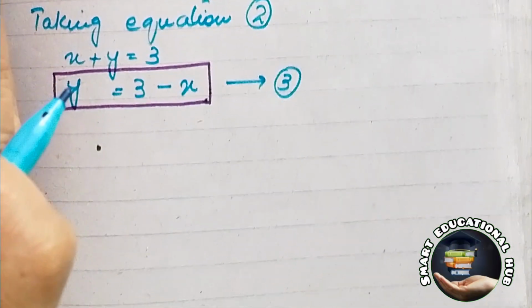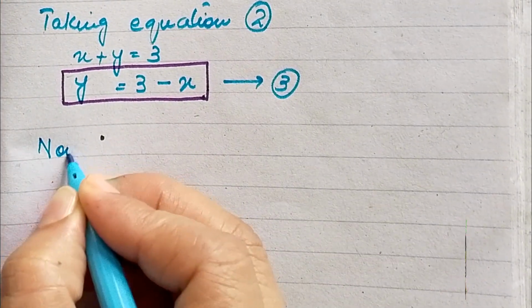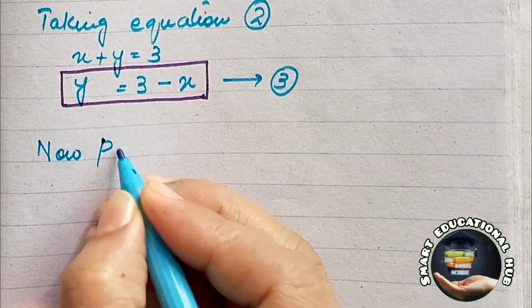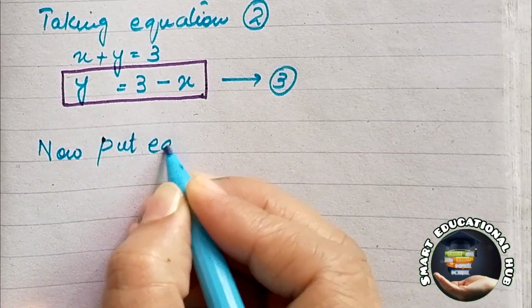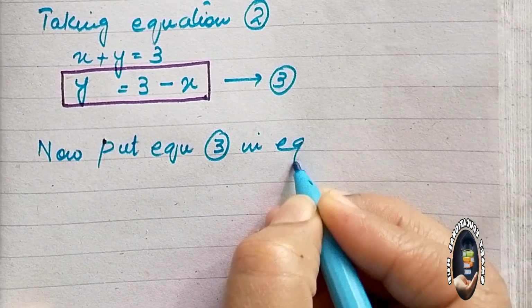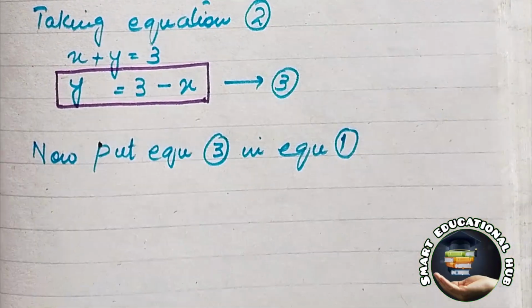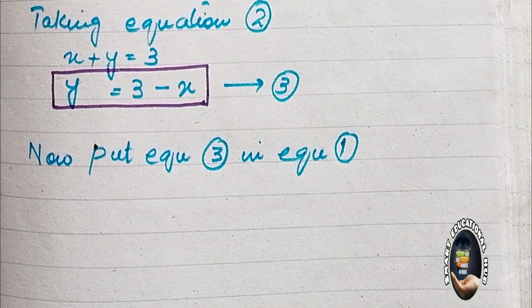Now we will put this value of y in equation number 1. Now put equation number 3 in equation number 1. Now put this value of y into the first equation.